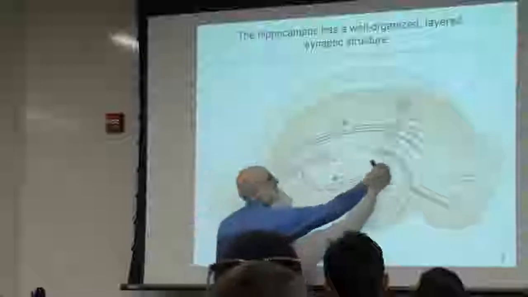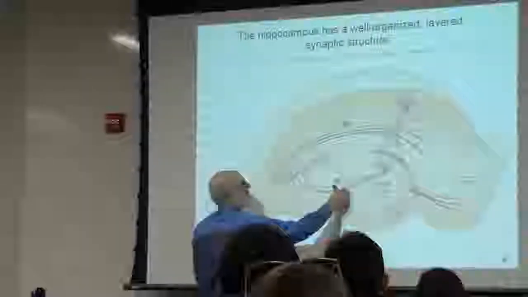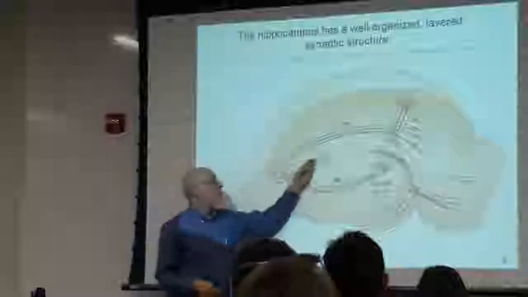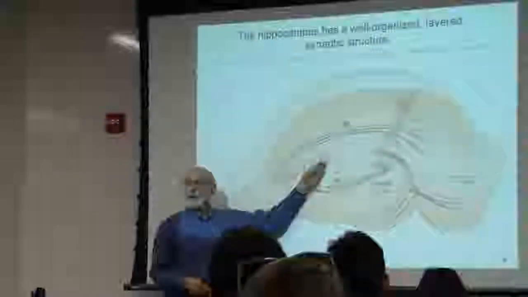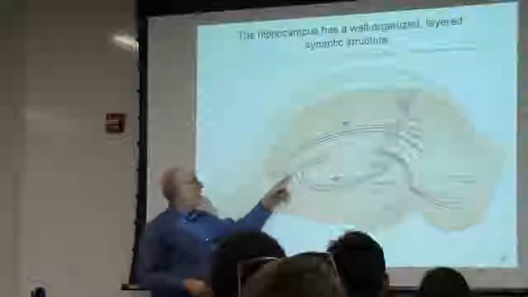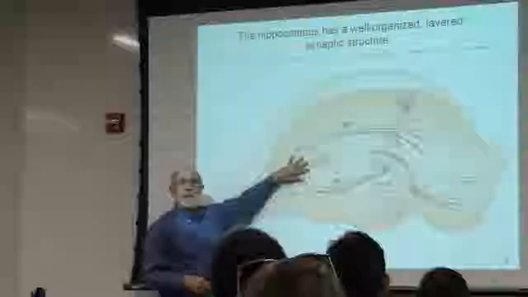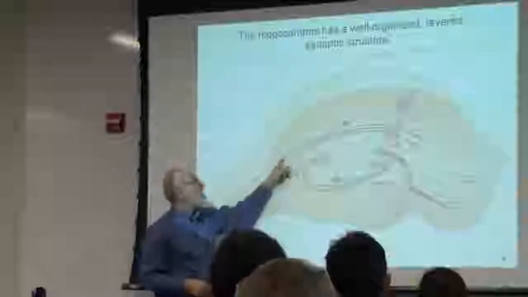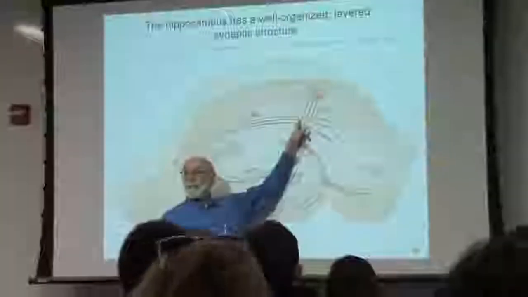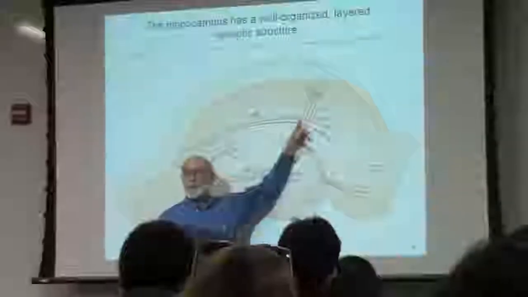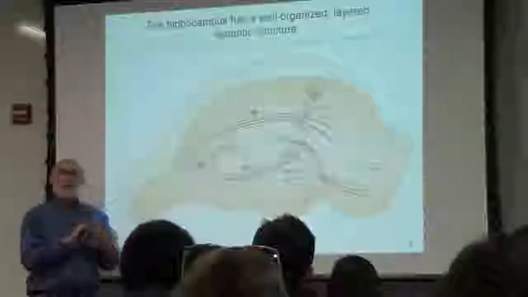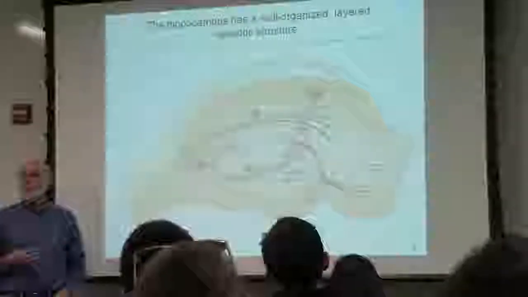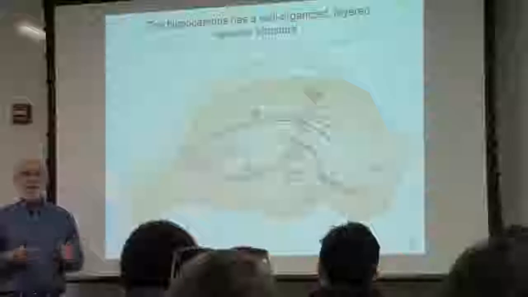The cell bodies of the dentate gyrus, their axons project to the CA3 region and form synapses on the cells of the CA3. Here are the dendrites of the CA3 cells, and here are the axons of the CA3 cells that form synapses on the CA1 cells. And this is a highly ordered, layered structure that is reproducible.